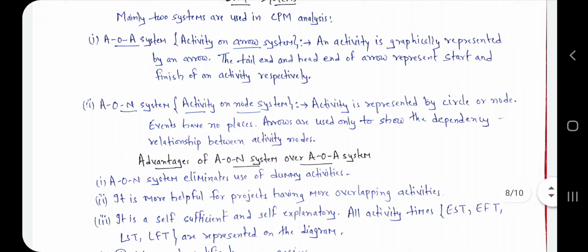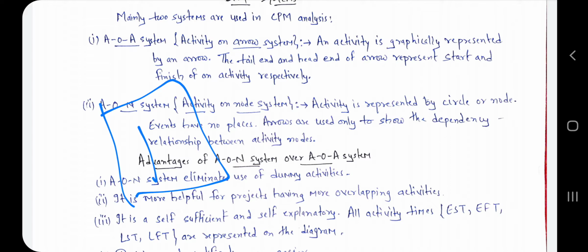Second is the AON system, that is the activity on node system, which is also called the precedence diagram. So in the activity on node system, an activity is represented by a circle or node. Events have no place. Arrows are used to show the dependency relationship between activity nodes.